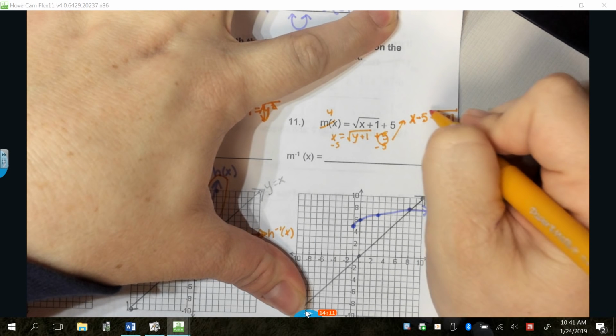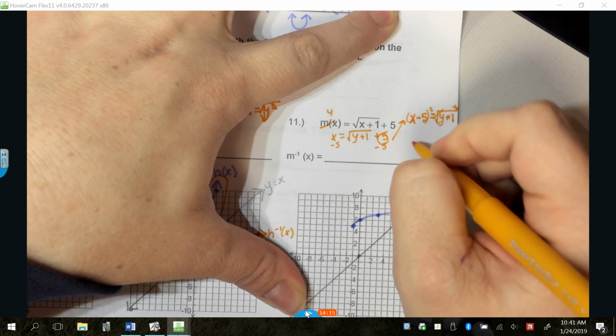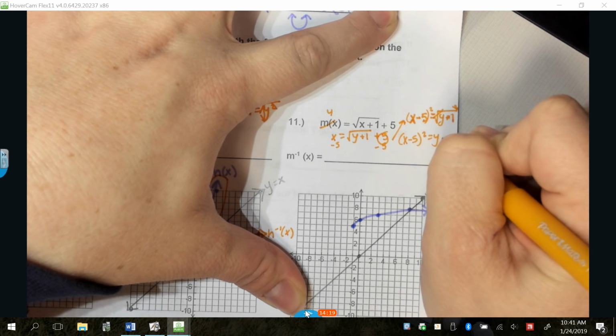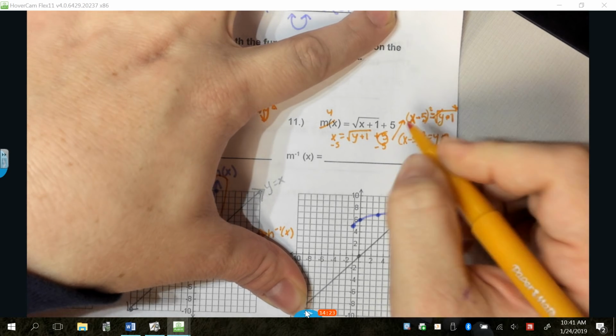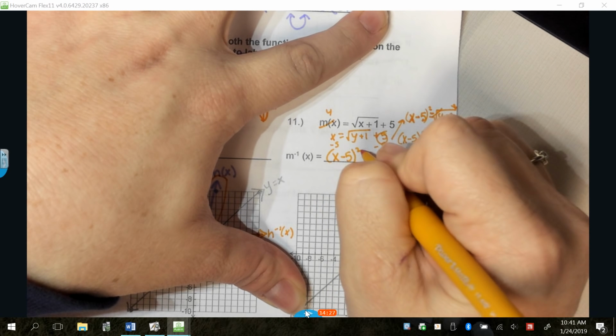So then I have to square both sides to get rid of the square root, and I get x minus 5 squared equals y plus 1. So I'm going to subtract 1 from both sides, and now my y is by itself. So x minus 5 squared minus 1.